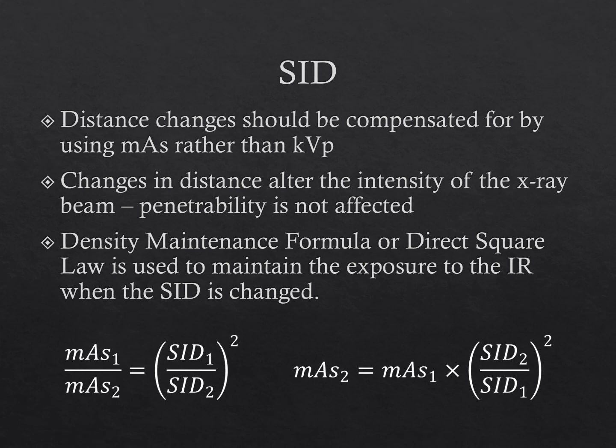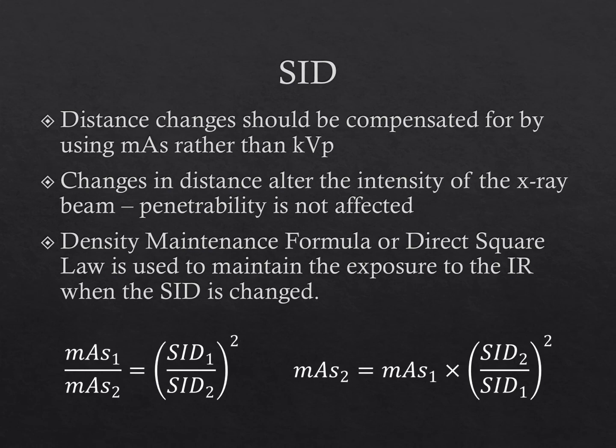You'll notice that this formula looks somewhat similar to our intensity formula. The one thing I want you to go back and look at is that to look at the intensity of the X-ray exposure, we were using the inverse square law.